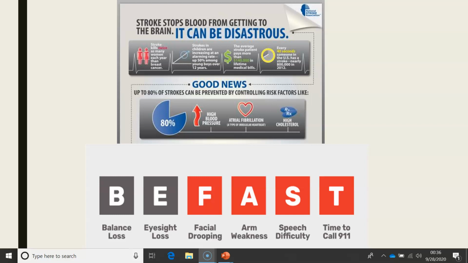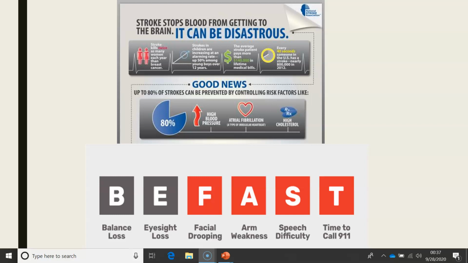It talks about the BE FAST, which is loss of balance, loss of eyesight, facial drooping, arm weakness, speech difficulty, and then it's time to call 911, because just like with a myocardial infarction where time is muscle, with a stroke, you're looking at time being the lack of permanent deficit. And here it also shows what happens when you have a stroke.